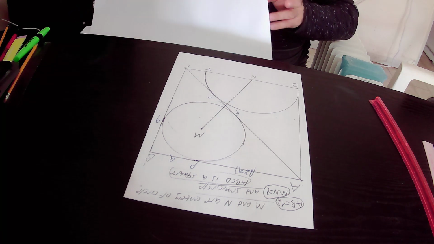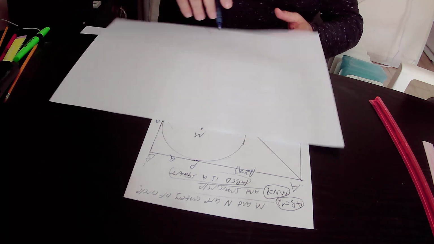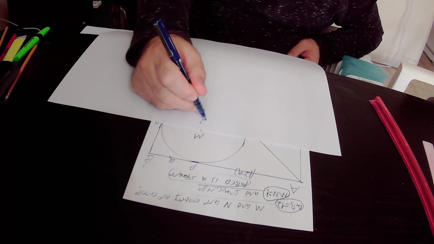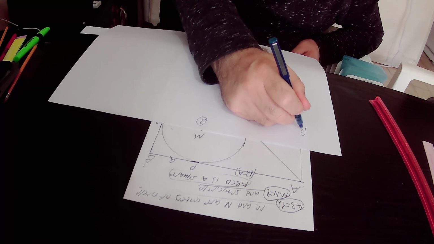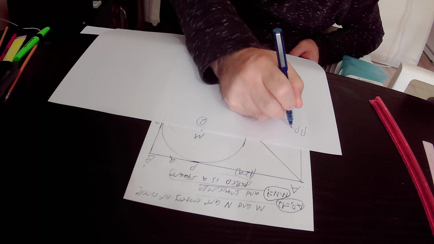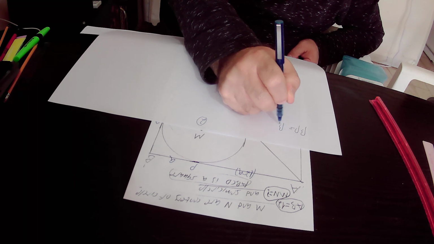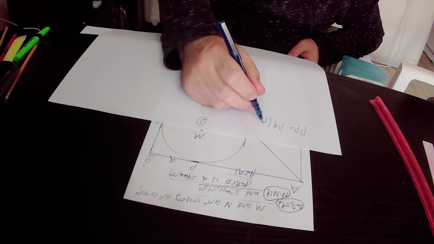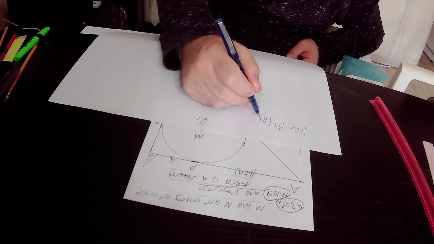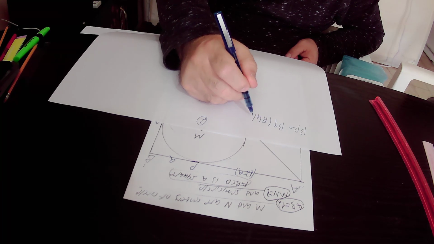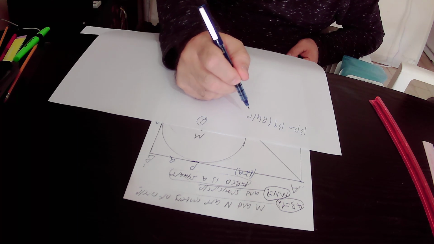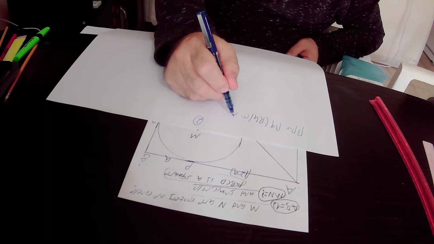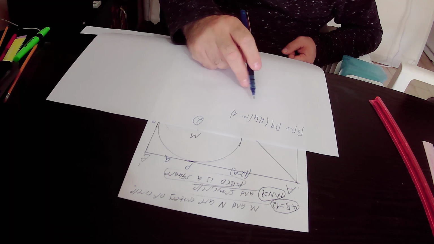I repeat again, we have tangent BP, and the second tangent is BQ, and according to rule number 1, the lengths of those two tangents will be equal to each other. That is to say, BP equals BQ according to rule number 1.